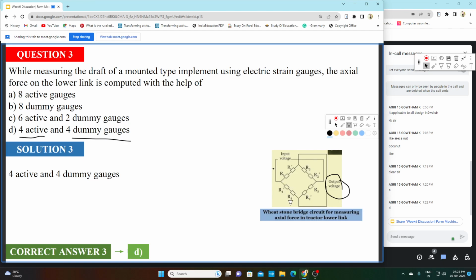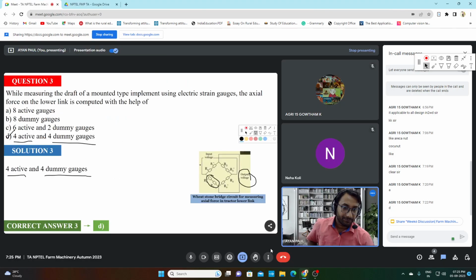If we use one dummy gauge as well, we can take the average measurement of the two strain gauges, and by that we reduce the error of the measurement. That is why 4 active gauges as well as 4 dummy gauges. So option D is the correct answer. Okay, is this clear to all of you?